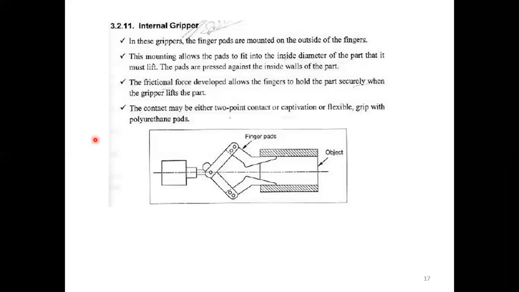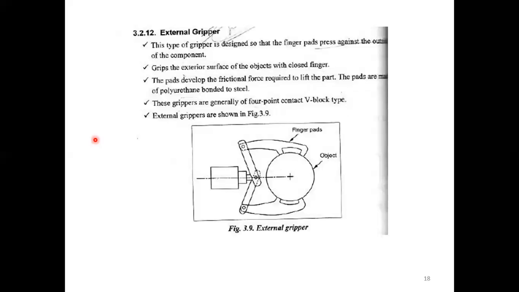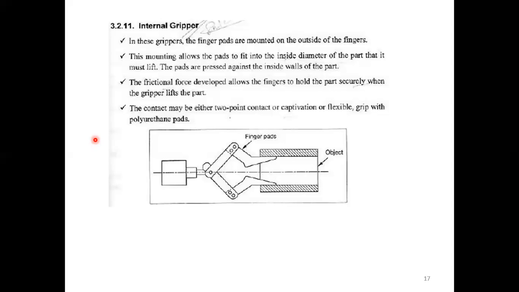The contact may be either two-point contact or flexible grip with polyurethane pads for hard values. This is the internal gripper, mostly used to pick and place high-weight pipes.